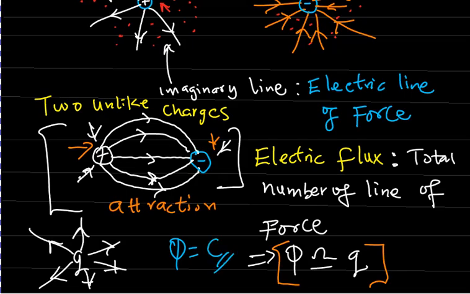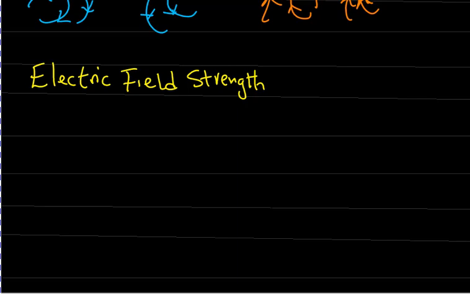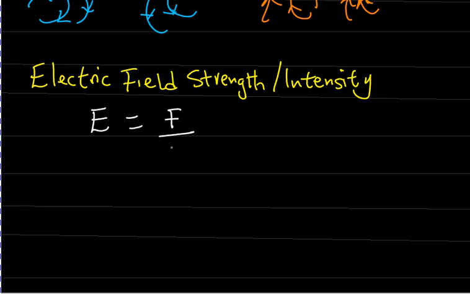Don't forget that. So let's now get to what we are to discuss: electric field strength, or electric field intensity. By the symbol E, electric field intensity is defined as the force experienced by a unit charge in an electric field.